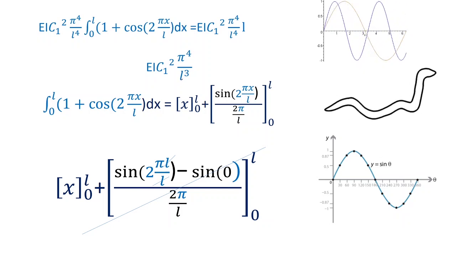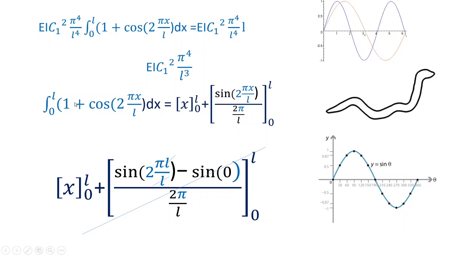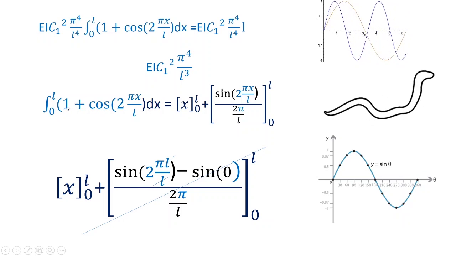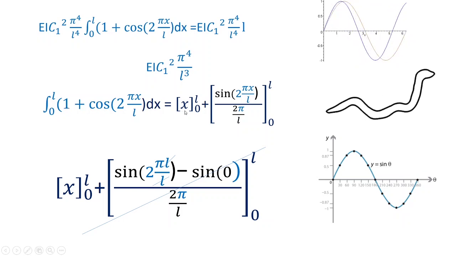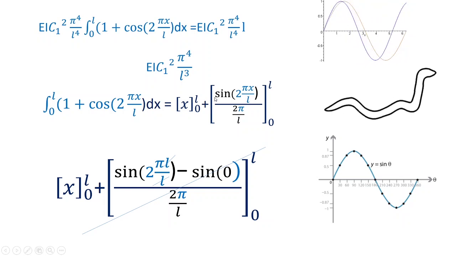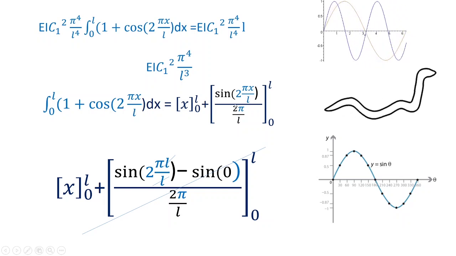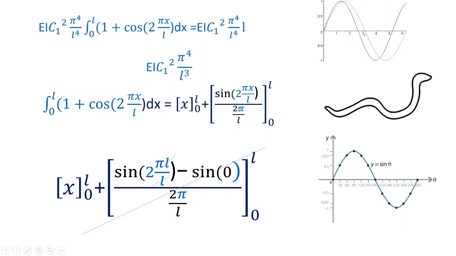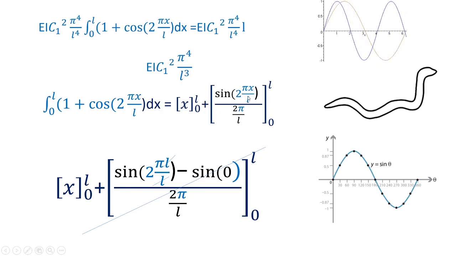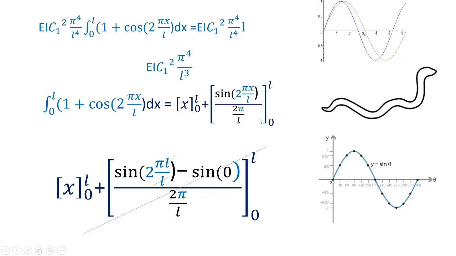Now if I integrate 1 plus cos 2 theta dx, the integration of 1 dx is equal to x, with limit 0 to l. If we integrate cos 2 pi x by l, the integration will be sine 2 pi x by l divided by the term which had been multiplied, and the limit is 0 to l, as length is from 0 to l.